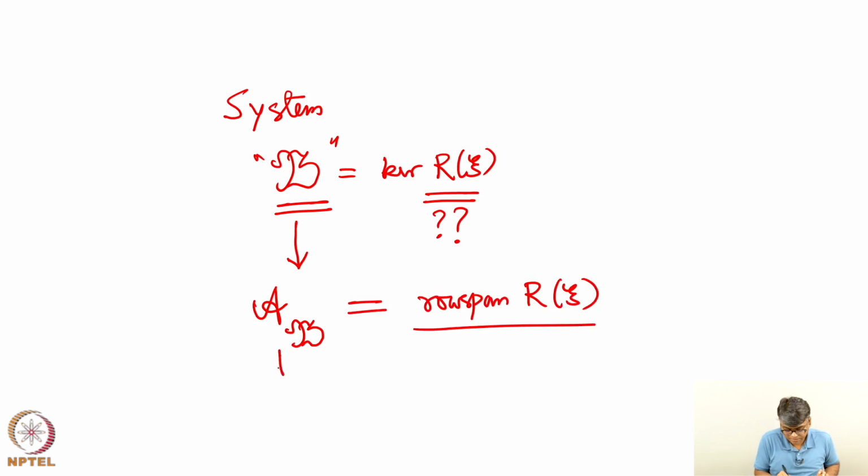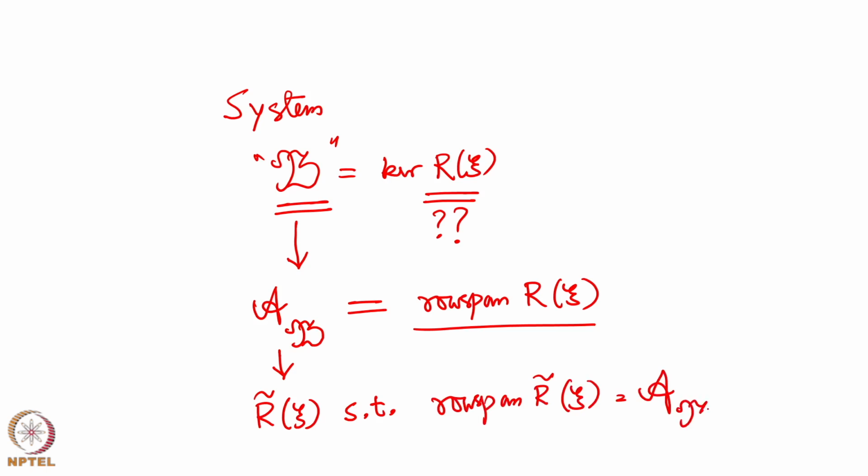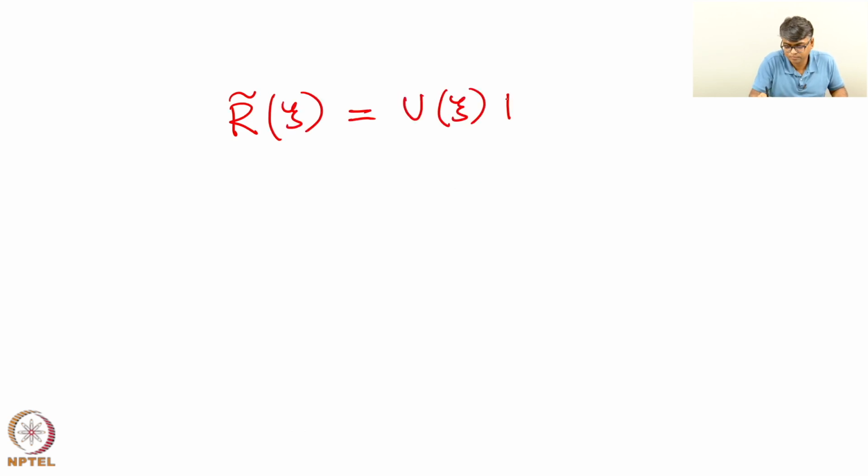Or in other words, if I can find a generating set for this guy, suppose R tilde xi, such that the row span of R tilde xi is equal to the annihilating set, then I am sure that R tilde xi and R xi must be related by a unimodular matrix.